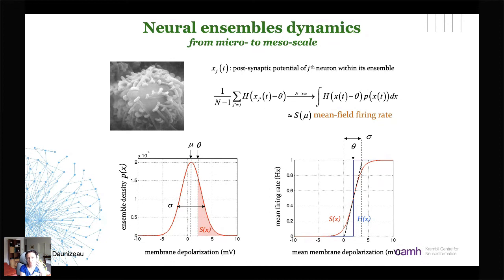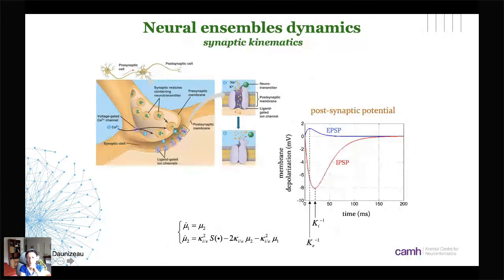That is meant to translate a change in the mean depolarization expressed in microvolts to a mean firing rate, action potential. Now the slope of the sigmoid here, S of X in red, reflects the dispersion within that neuronal ensemble. So what we have here is the pre to post synaptic transformation.